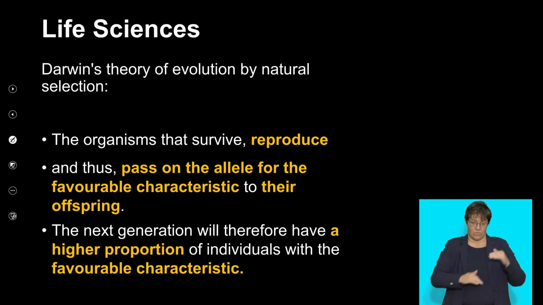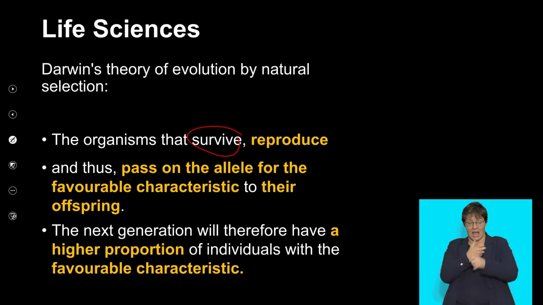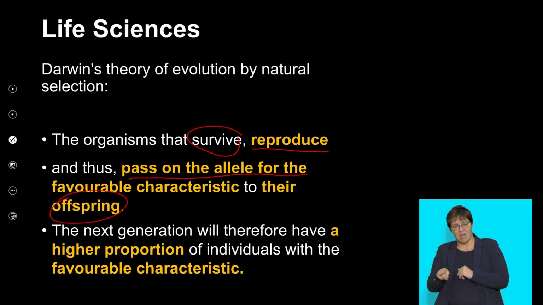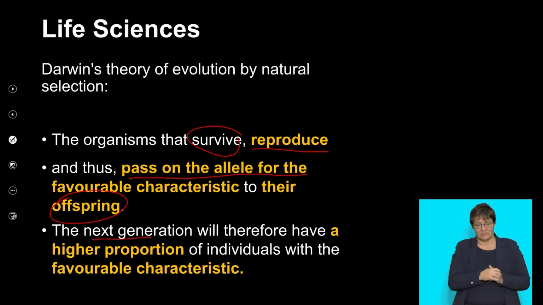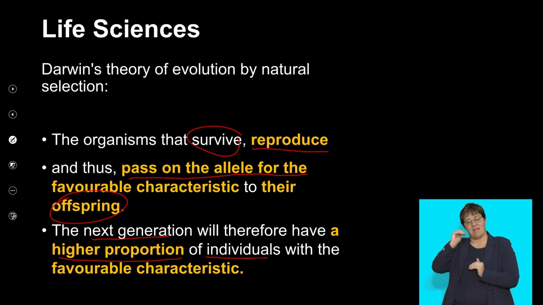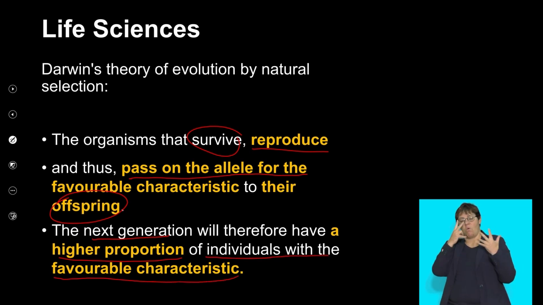The organisms that have survived, the darker colored mice, again reproduce and pass down those alleles to the next generation, leading to the offspring having more of that specific trait. Finally, the next generation will therefore have a higher proportion of individuals with that favorable characteristic.